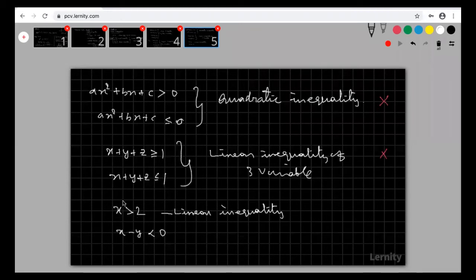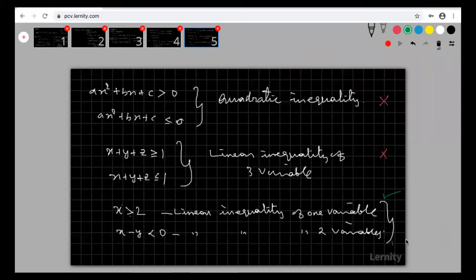It is linear also, degree is 1. How many variables are involved? Only one, x. So therefore it is a linear inequality of one variable. And what about linear inequality of two variables? These two only we are going to discuss in our chapter.